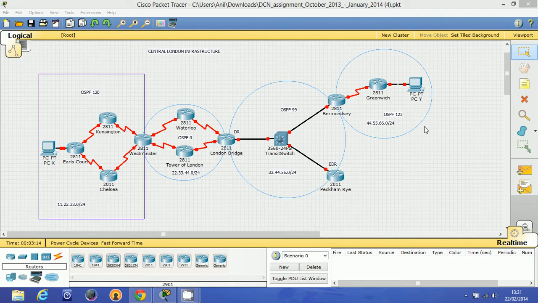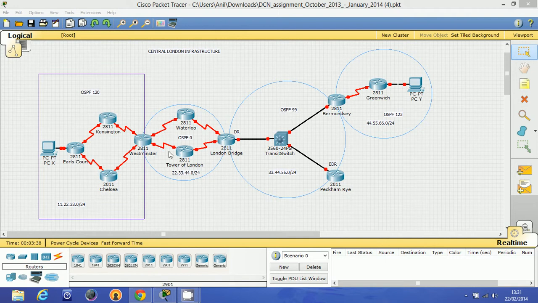In fact, this lab you're looking at the moment is a lab autonomous system. And what we are going to do is OSPF configuration in this OSPF lab, in this autonomous system.